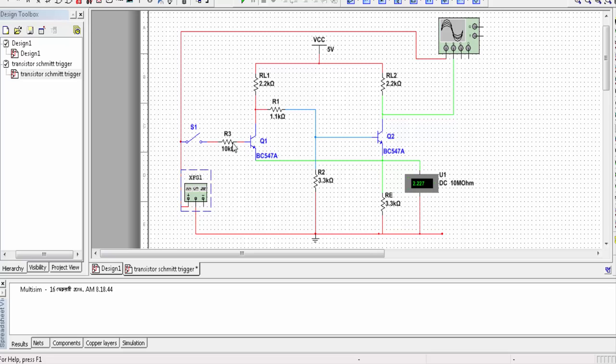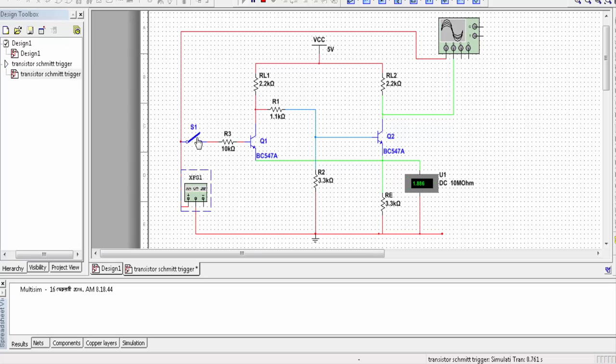At first, when the applied input voltage is equal to 0, as these are 2.2 and 1.1 kilo ohm and this is a 3.3 kilo ohm resistor, 2.5 volt will be dropped between this point, and that will drive the transistor Q2 in forward bias, and you will see that this RE drop will be equal to 1.866 volt. This VE and the built-in potential between the base to emitter junction will form our upper triggering point.